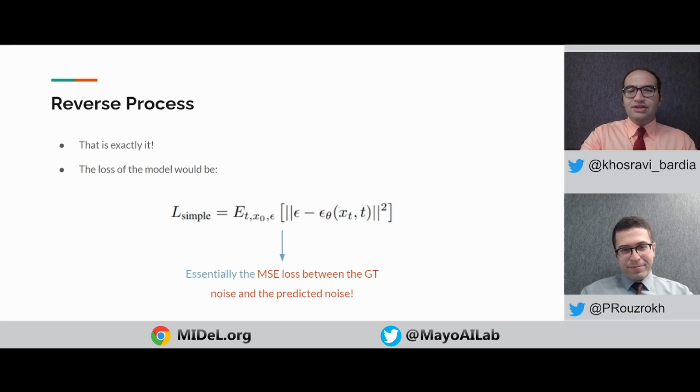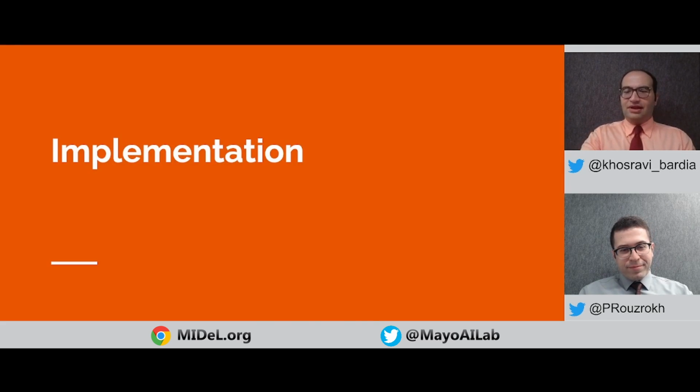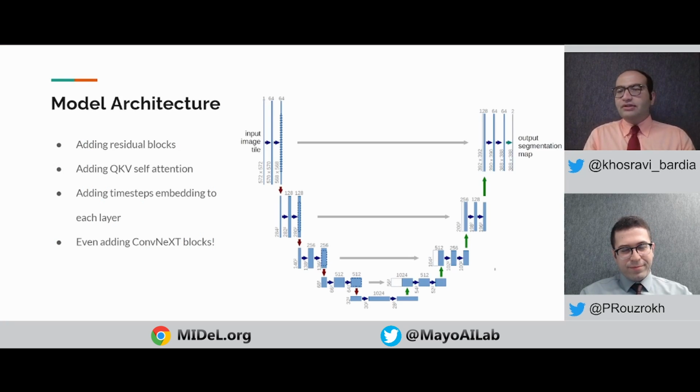So the implementation is essentially something like this. The model architecture would be a U-Net with some improvements. One of them is having more residual blocks, adding QKV attentions after each residual block, and adding the time steps.